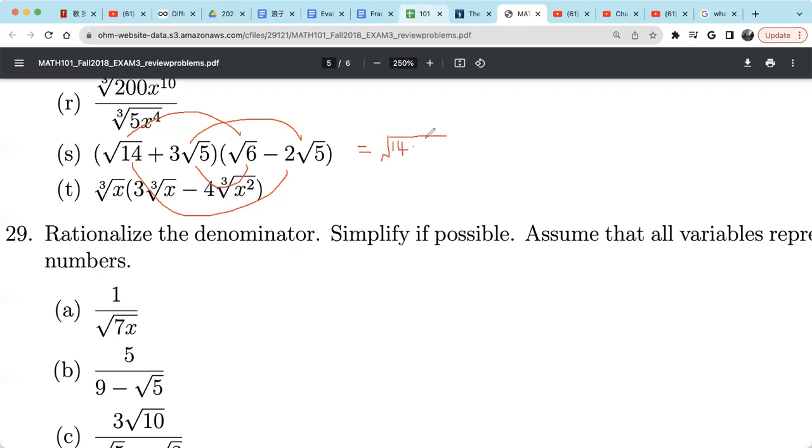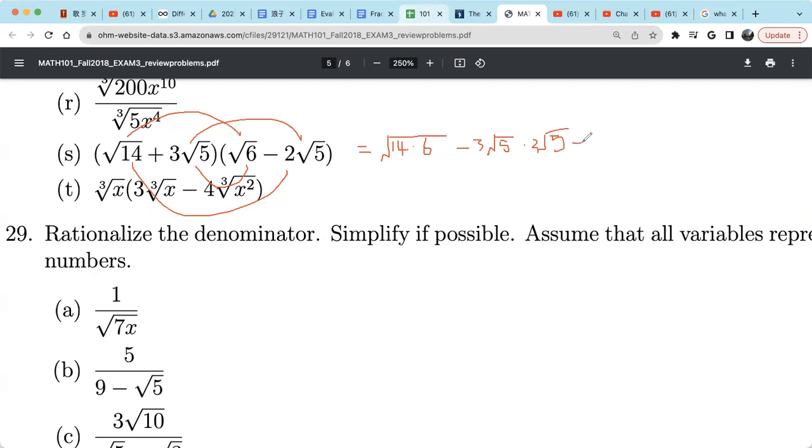I can put both under the same square root sign. Then minus 3 radical 5 times 2 radical 5. So 3 radical 5 times 2 radical 5. This is above, right?